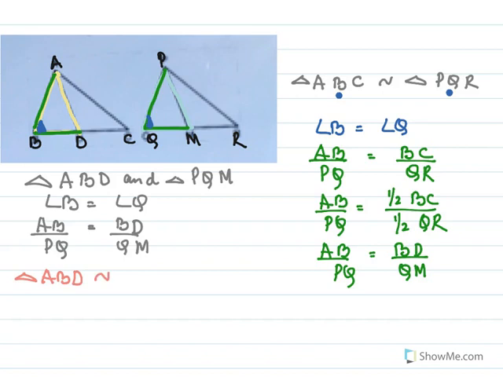So triangle ABD similar to triangle PQM by SAS test.